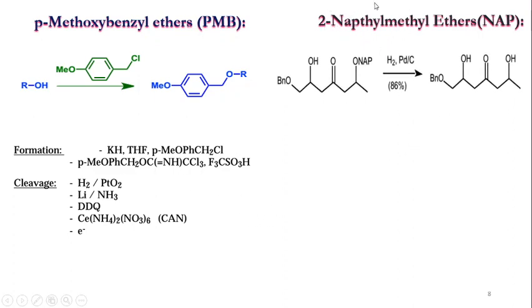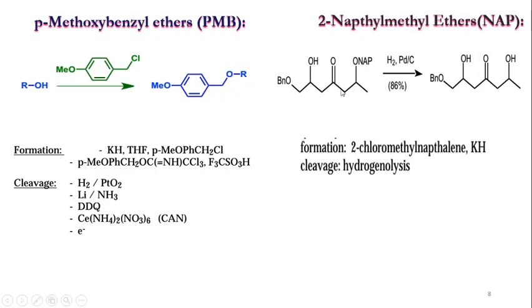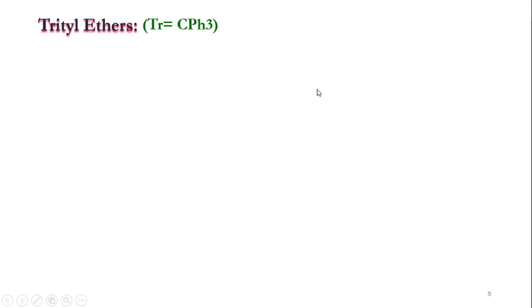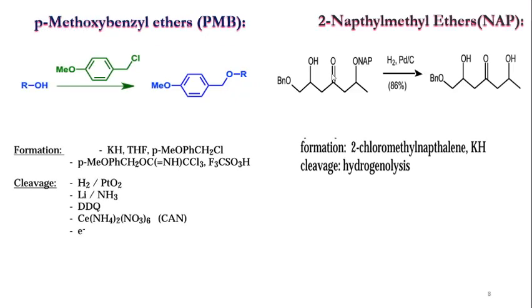Another way is 2-naphthyl methyl ethers. In this case, this is the protected form of OH into 2-naphthyl methyl ether and it can be deprotected by means of H2, PtO2. Here we have another, the benzyl ether.